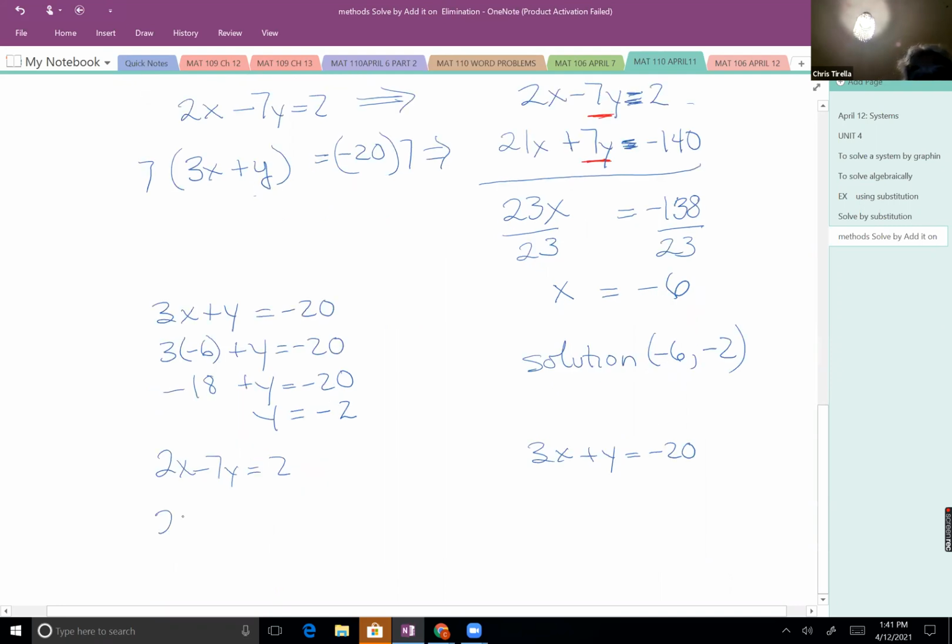So when I check 2 times -6 minus 7 times -2, well, that's -12 plus 14, which is 2, so it checks. And when I check 3 times -6 plus -2, that's -18 plus -2 is -20. So it checks.